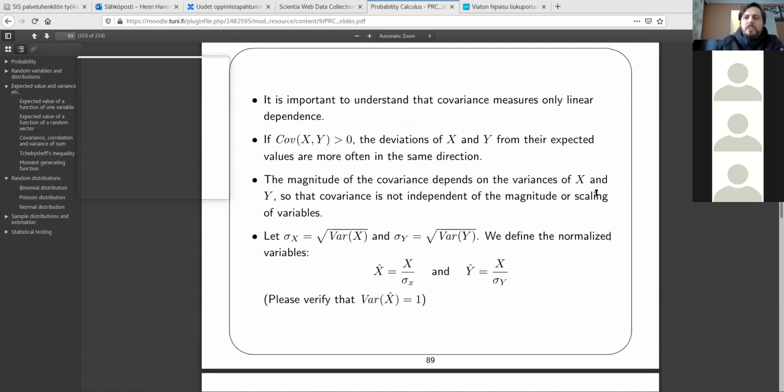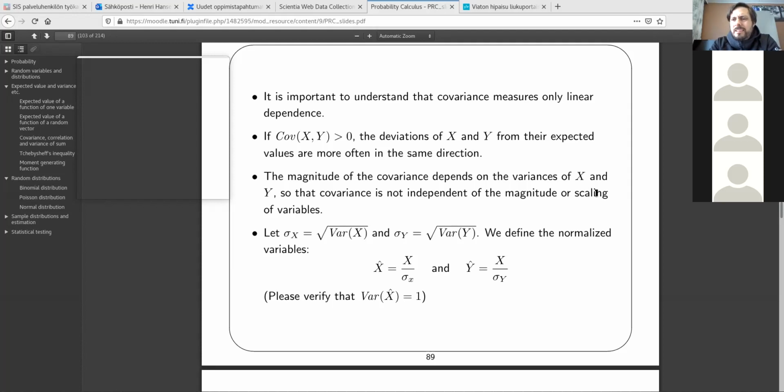So the covariance measures only linear dependence, so tendency to fall in line. Here we define what is known as correlation. If we take the square root of the variance of x and the square root of variance of y, let's call these the standard deviations of x and y.